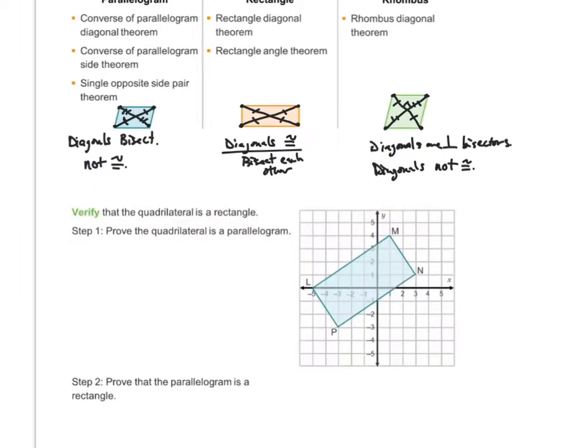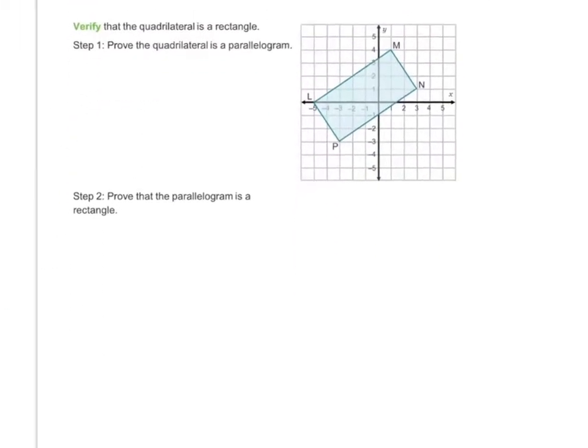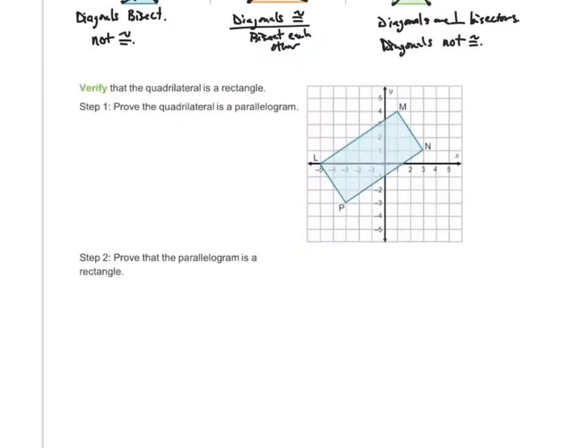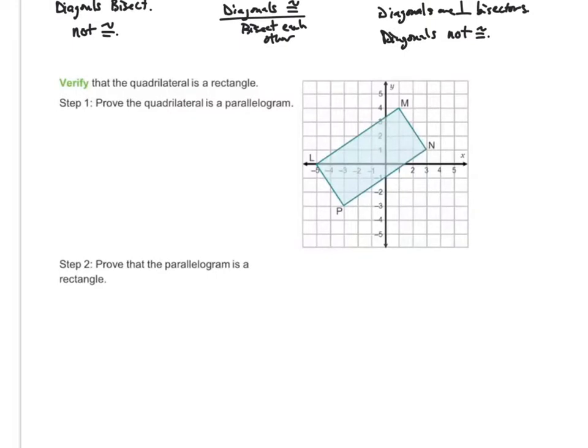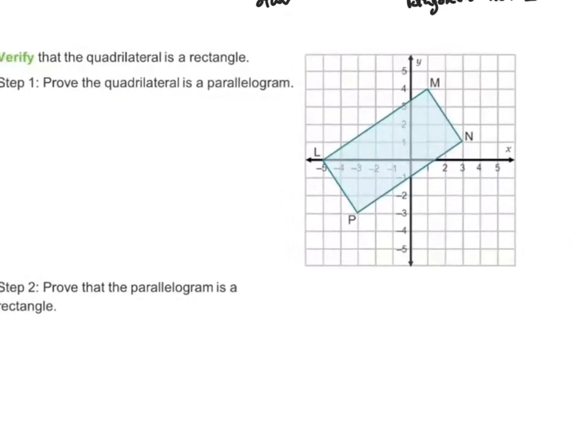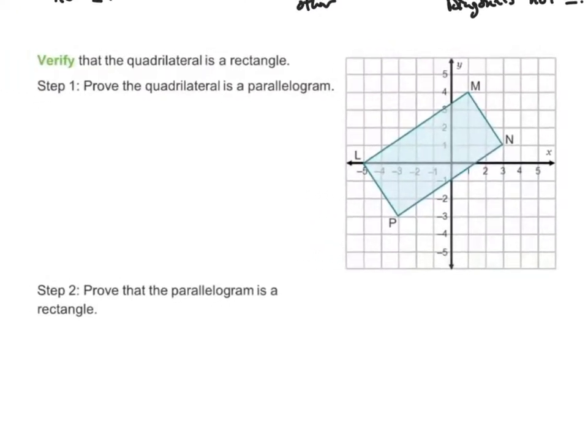Here, let's do this. We want to verify that this quadrilateral is a rectangle. So we first want to prove that the quadrilateral is a parallelogram. What we'd want to do is just show that LP is parallel to MN and that they are congruent.